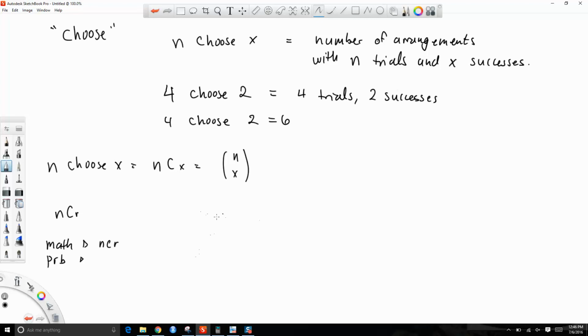And so let's say if we spun the wheel 10 times and we want green 5 times, how many arrangements are there?